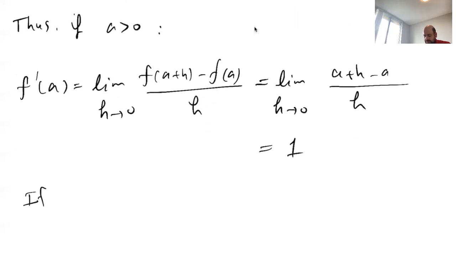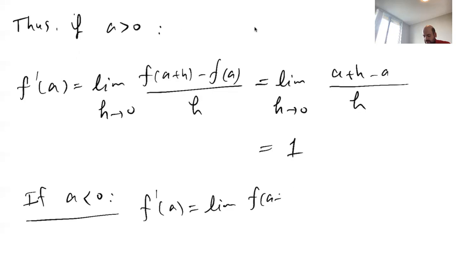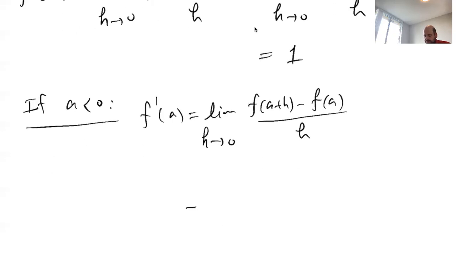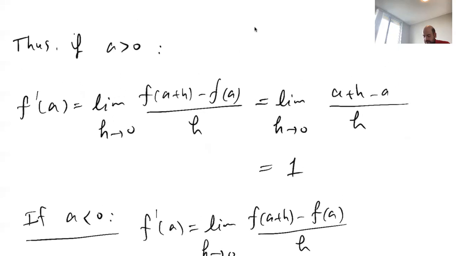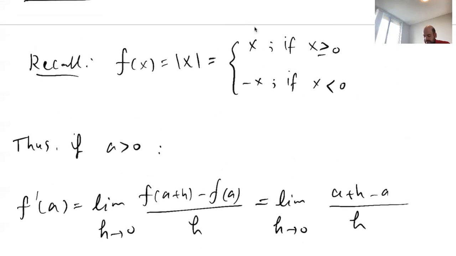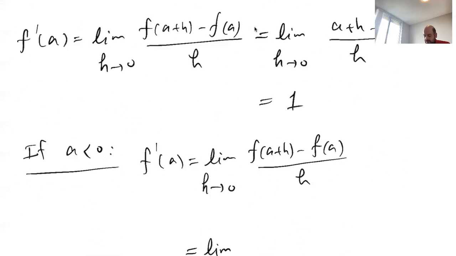And if a is less than 0, f prime of a is equal to the limit of f of a plus h minus f of a over h as h approaches 0. If a is less than 0, we have to use the second formula, which is minus x.